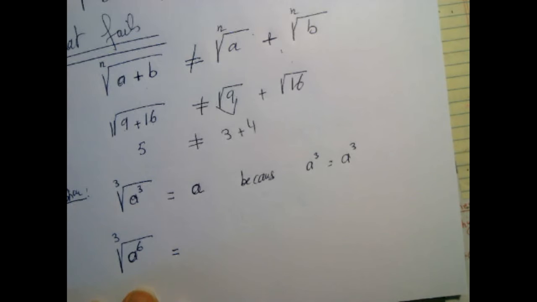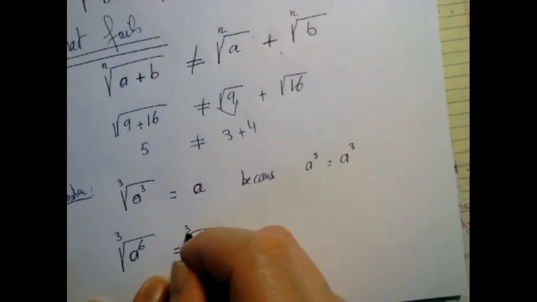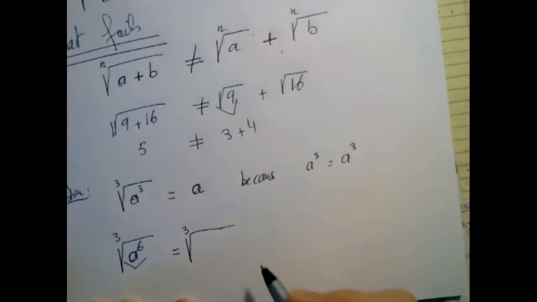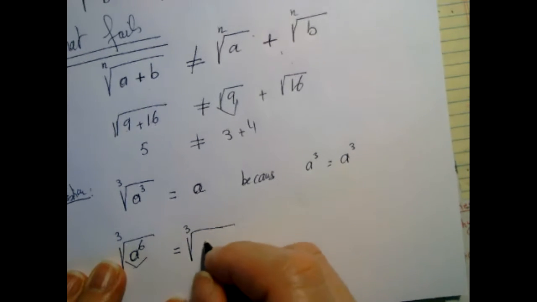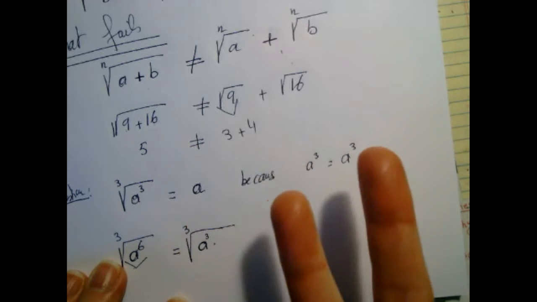Correct. Because, for the same reason above, there's 2 times the amount of the exponent under the root. Exactly, A to the power 6 is basically how many A's? 6 of them.